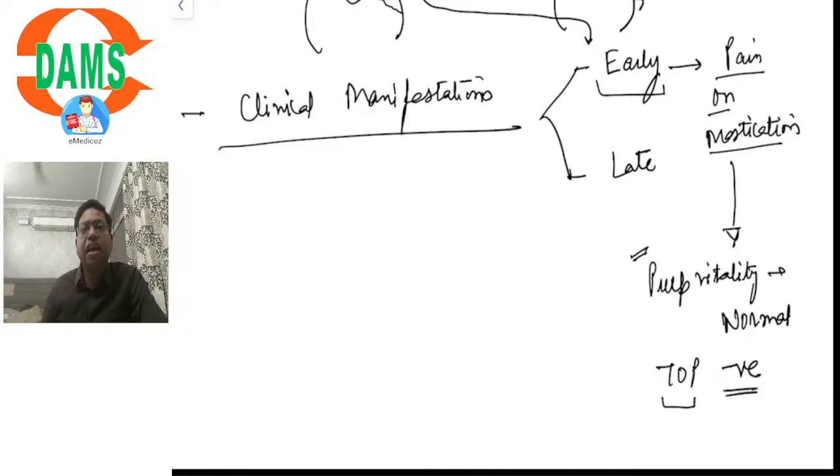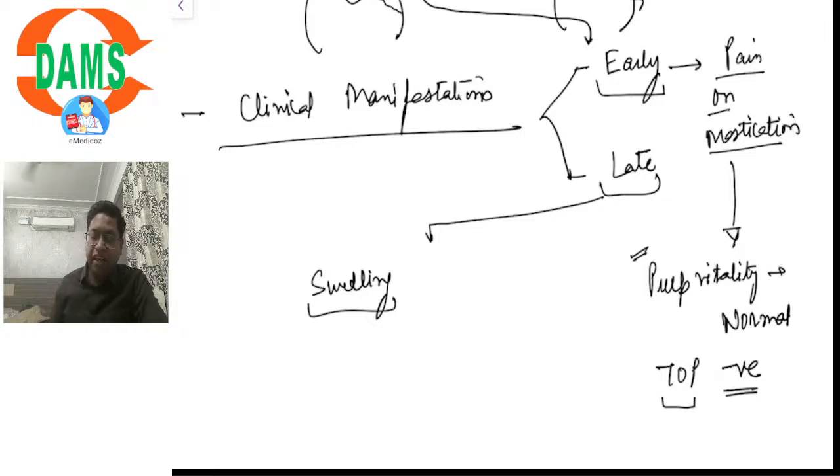A case of a crack in the cusp goes untreated, the patient does not seek treatment, then it leads to late onset manifestations. The late onset manifestations include sometimes swelling due to continuous movement of the fracture segments. There can be loss of pulp vitality.